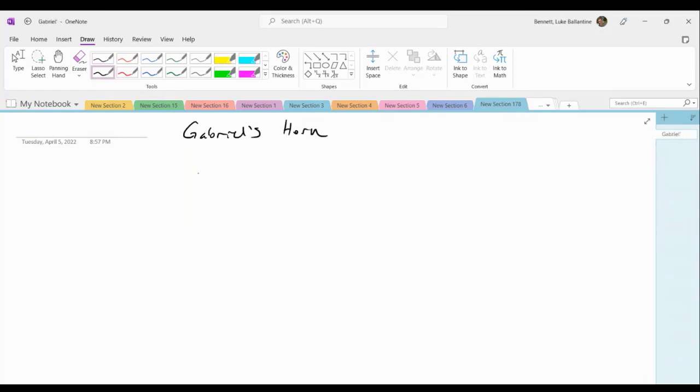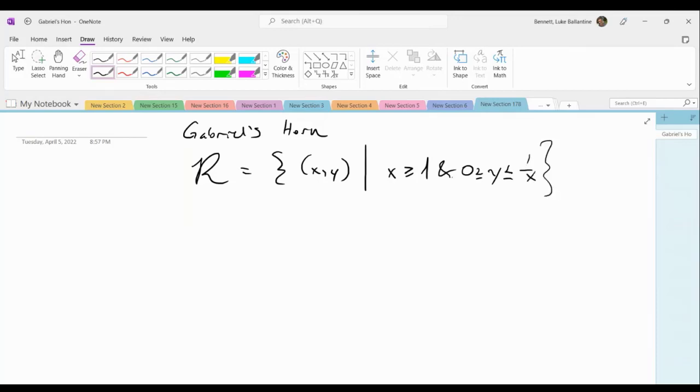We consider R to be the region, the set of all x, y in R2, so that x is greater than or equal to 1, and y is greater than or equal to 0 and less than or equal to 1 over x.